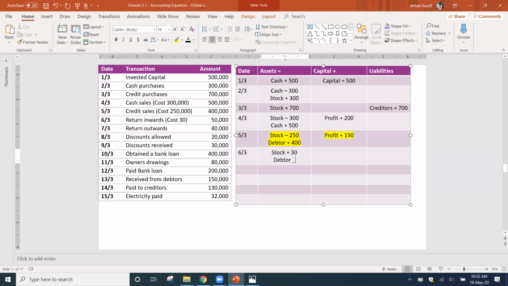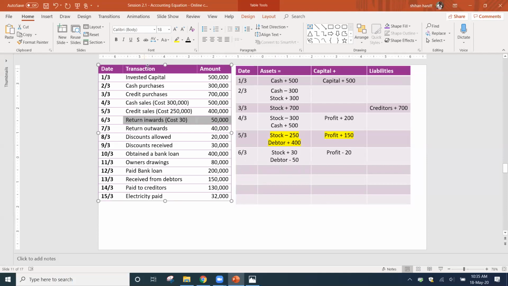Earlier debtor increased, now debtor decreases by 50 and the profit will decrease by 20. So normally you don't get this in equation, but this is how you do it. It's okay. Let's go.